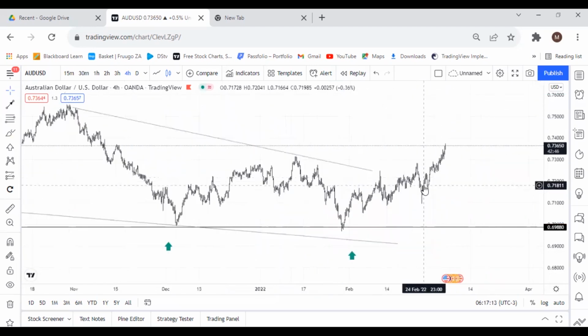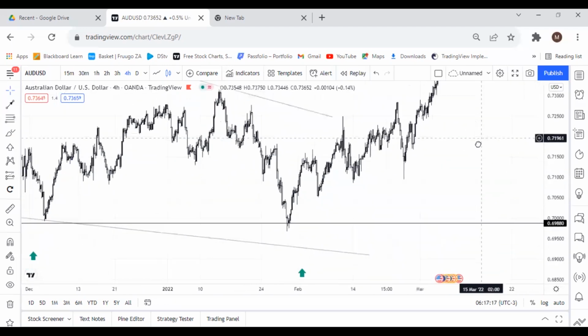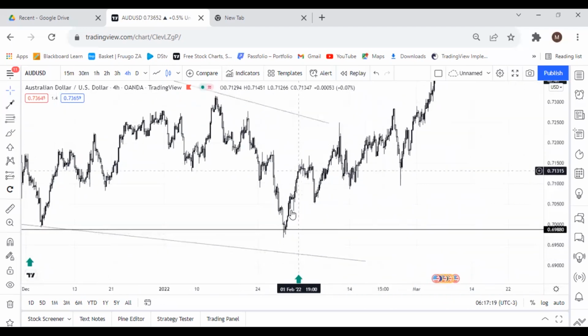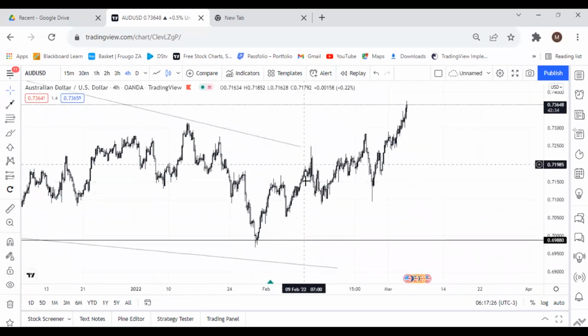Okay, with that said, now we have to spot our impulses, corrections, and as you can see, the market was quite choppy. We didn't have a distinct correction.